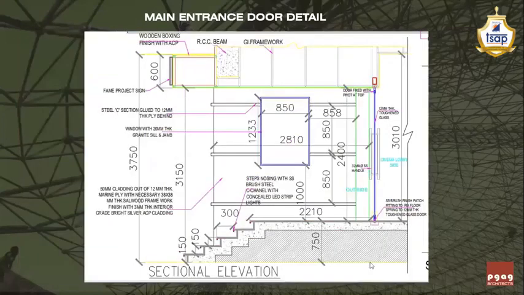This is the section showing the entrance paneling. Now, mind well that there is not going to be any RCC lintel wherever you propose the main entrance door of your premises, because it is difficult to construct the RCC lintel there.